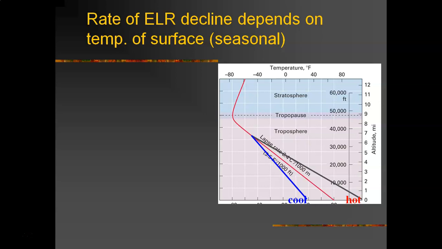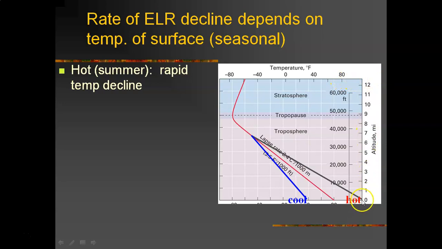It depends on the temperature of the surface. During the summer months, when the surface is superheated, just think of Louisiana. We've got 90-degree days for several months. I've got the troposphere here, and I've added some lines. Here's 80 degrees, 90 or 100 degrees.